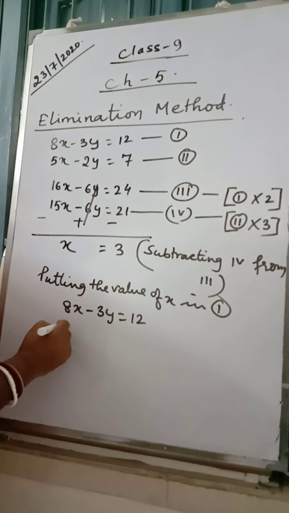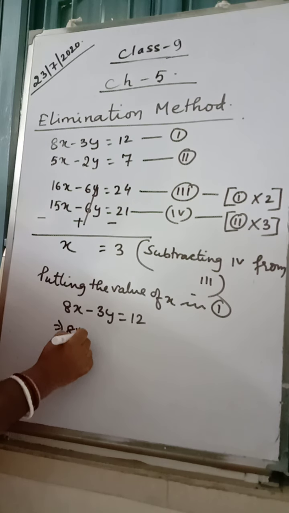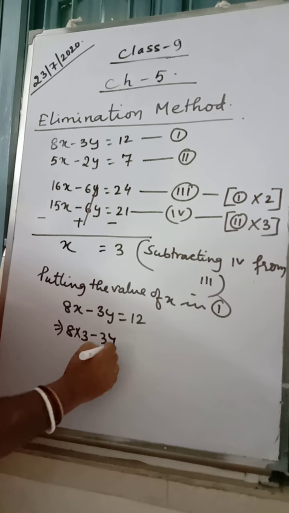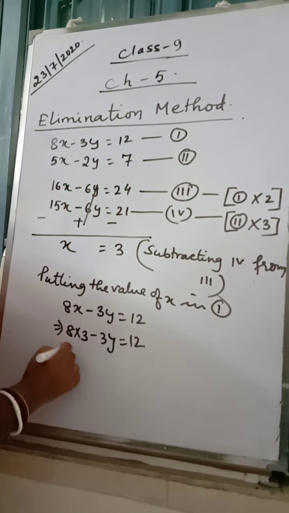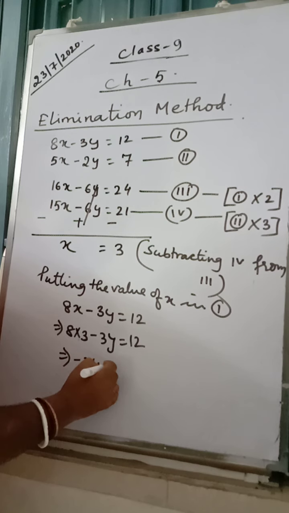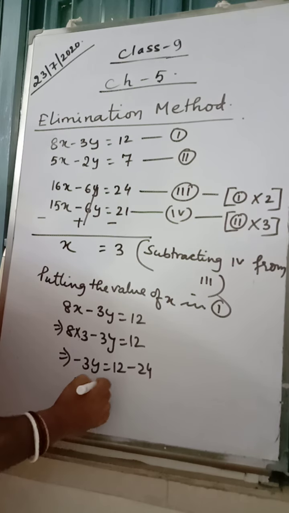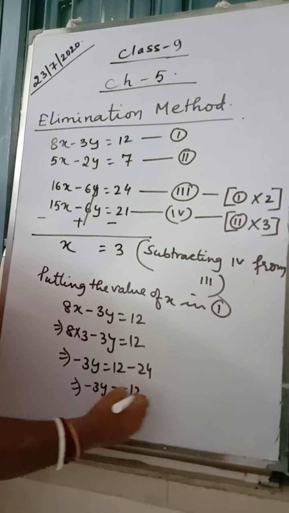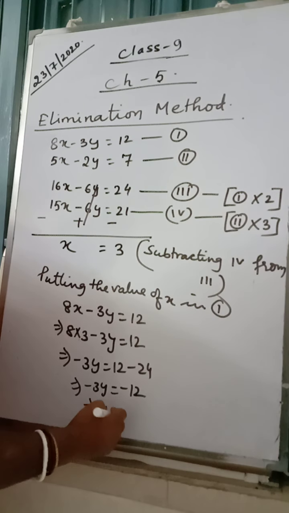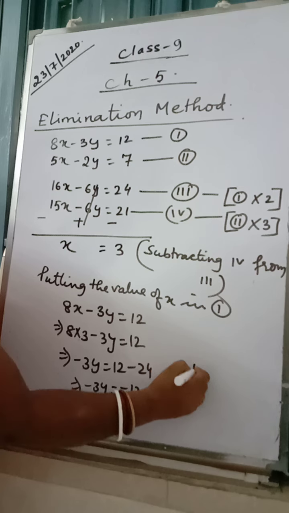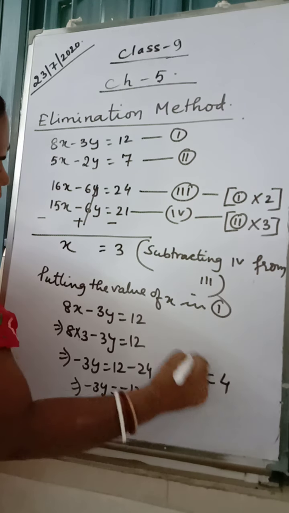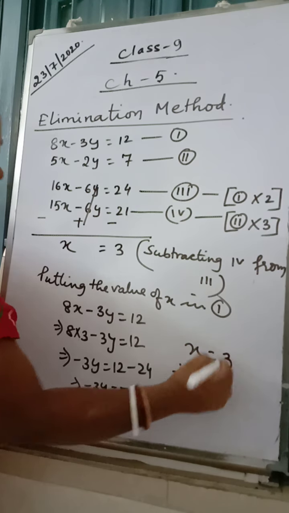Now we place the value: 8 into 3 minus 3y is equal to 12. Now minus 3y is equal to 12 minus 24, or minus 3y is equal to minus 12, or y is equal to 4. So the value of x is 3 and y is 4.